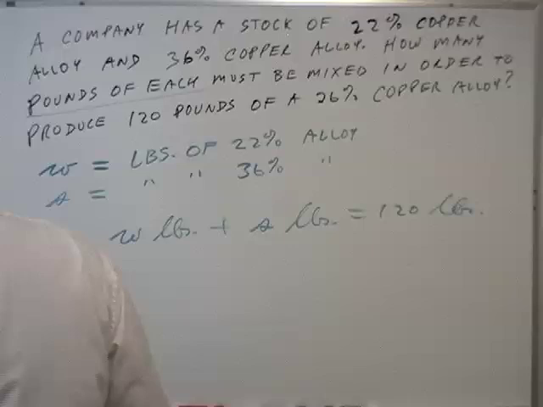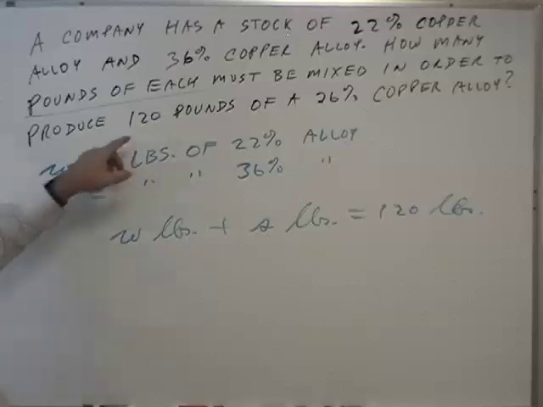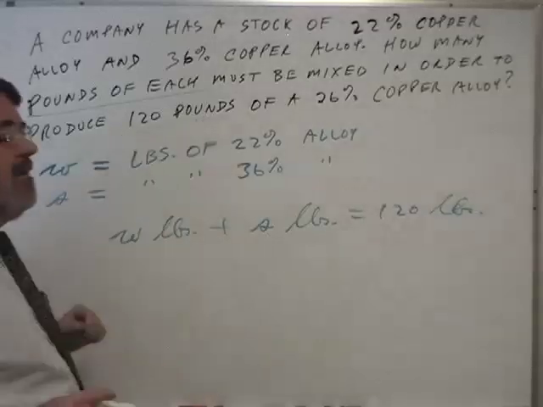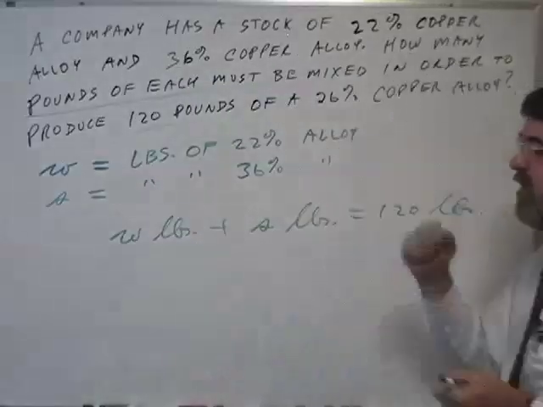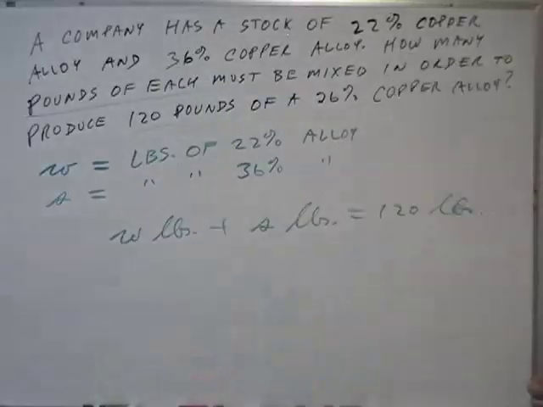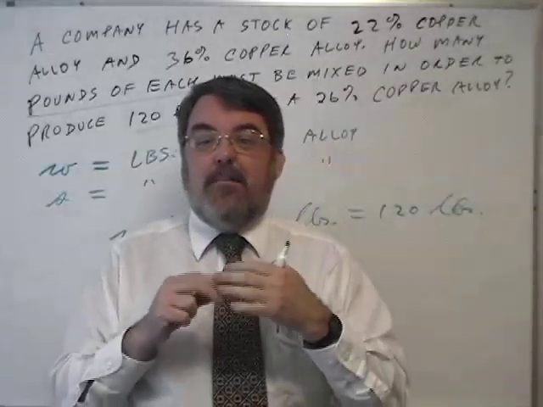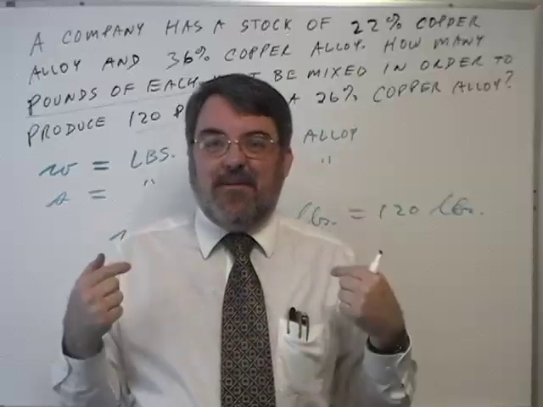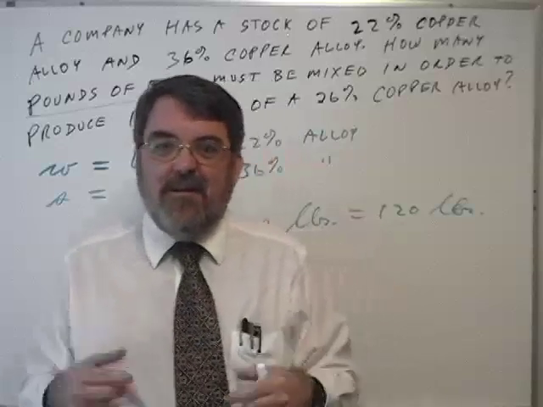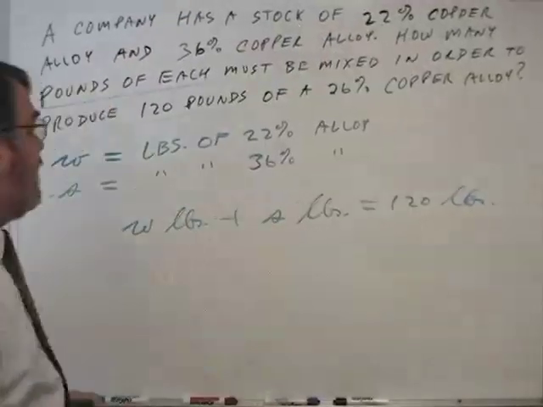All right. If you spot that clue, 120 pounds, that's actually the easy clue. Now to get the 26% copper alloy, 26% of 120 is the amount of pure copper. So what we're working with in the other clue is the amount of pure copper. Let's consider the 22% stuff.